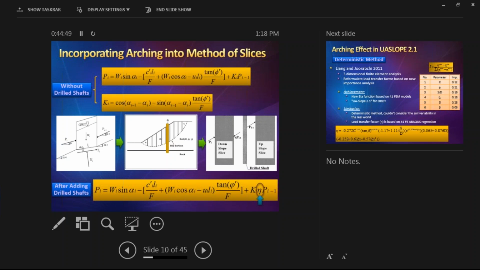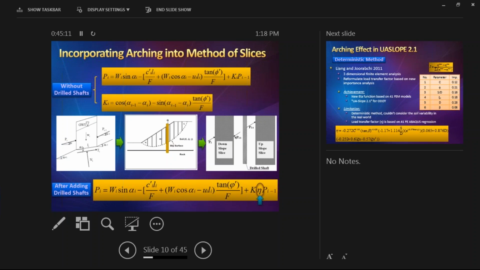So it's transferred from this inter-slice face to that inter-slice face. The arching effect is very easily accommodated by introducing this eta factor to modify this particular inter-slice force for the slice immediately downslope of the drill shaft.